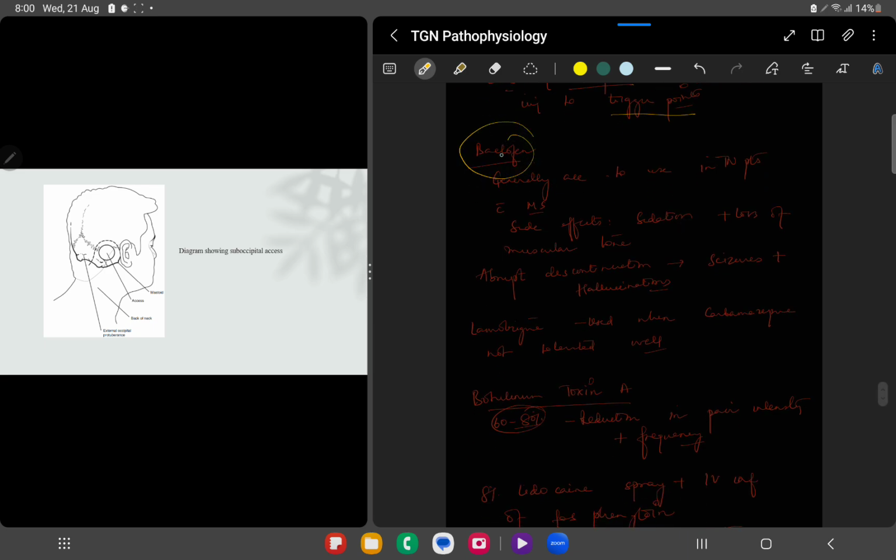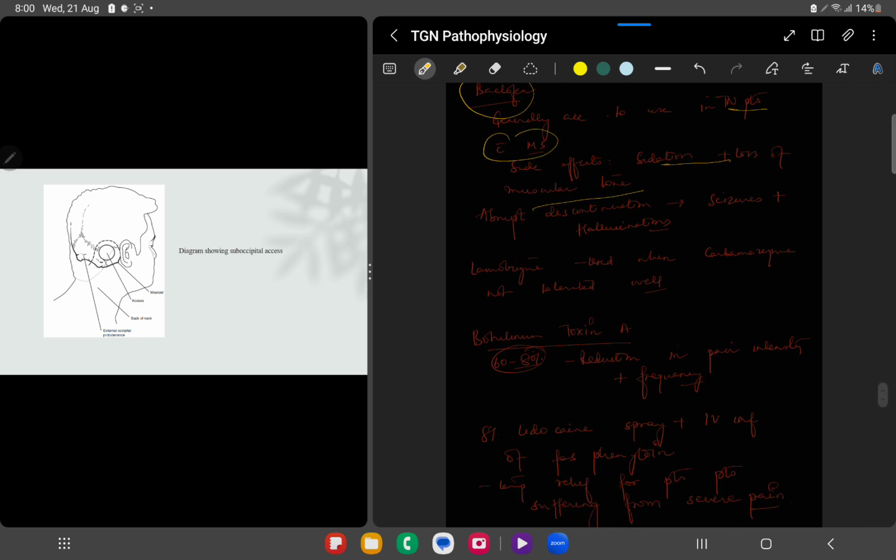Baclofen, another important drug, is generally used in trigeminal neuralgia patients with multiple sclerosis. Side effects are sedation and loss of muscular tone. Its abrupt discontinuation can cause hallucinations and seizures. Lamotrigine is used when carbamazepine is not tolerated well.